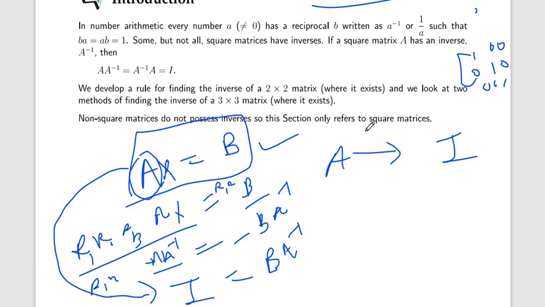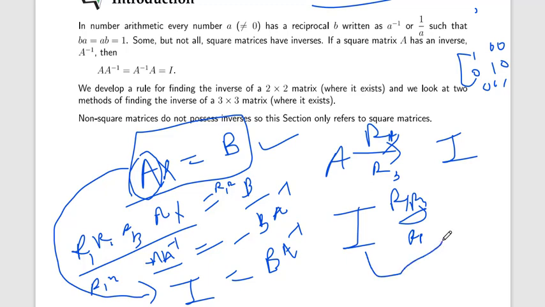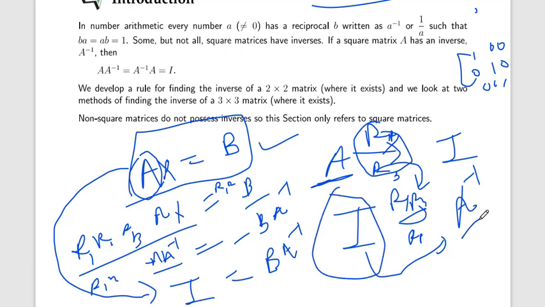So if we apply the same operations, R1, R2, R3, on the identity matrix, then this matrix will reduce to its inverse. Okay, so for the matrix we apply some row operations, and if we apply the same row operations on the identity matrix, then we get our A inverse, like this operation, A into A inverse is equal to I.